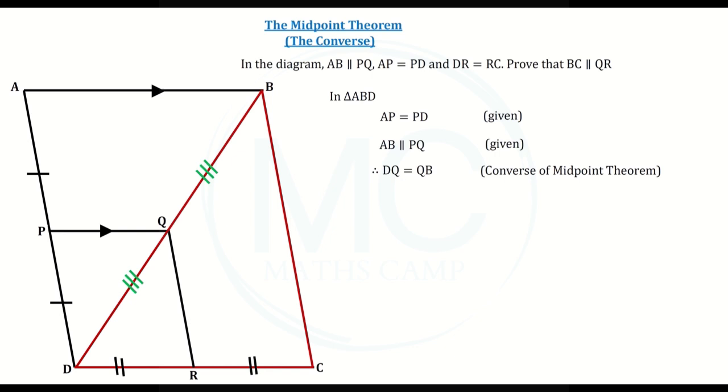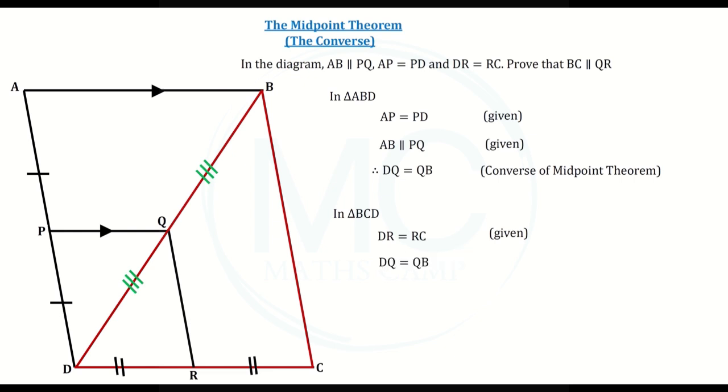So we can say in triangle BCD, the diagram tells us that DR is equal to RC. And we can use given as our reason. We have also just proven that DQ is equal to QB.